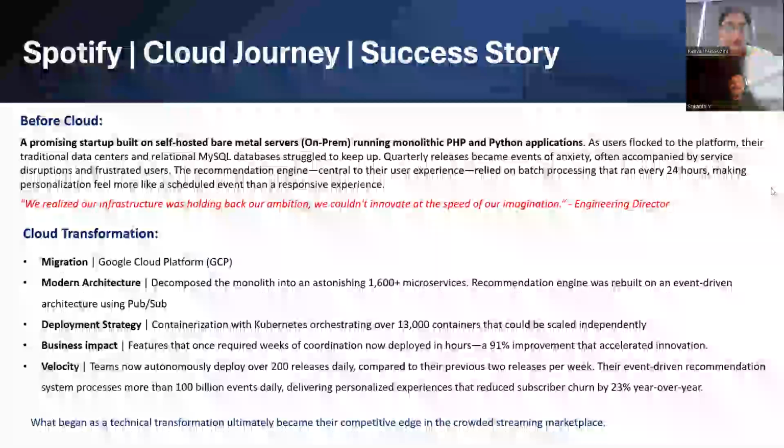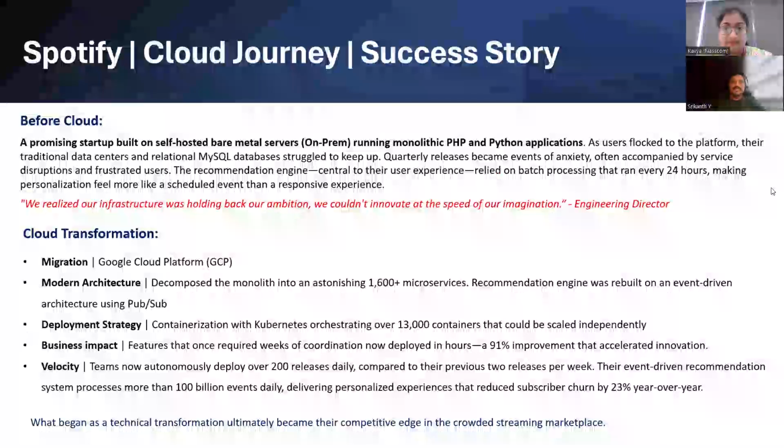The recommendation engine is what is at the core today. If you're using Spotify, you know how seamlessly the recommendation engine works, and it automatically recognizes what your likes are, and then the playlist is automatically adjusted.